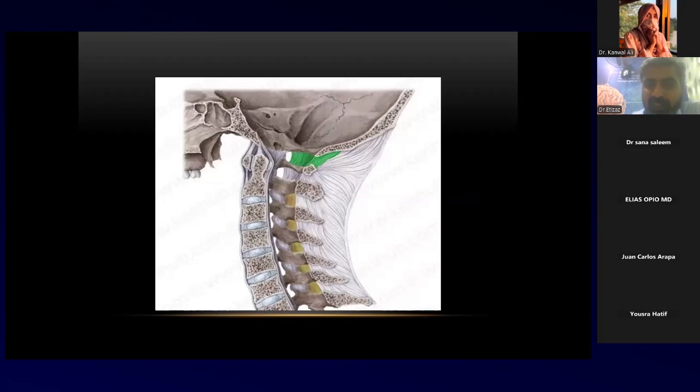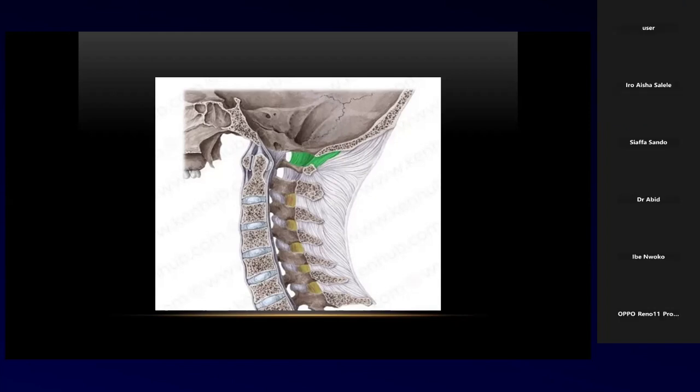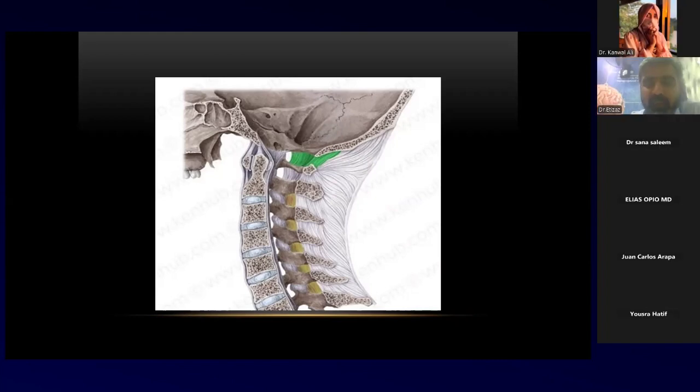Atlanto-occipital dislocation and fusion. Actually, there are two main important things when we talk about the whole craniovertebral junction. One is the bony structure, and second is the ligamentous part of the craniovertebral junction. The ligamentous part is more important because it gives stabilization.